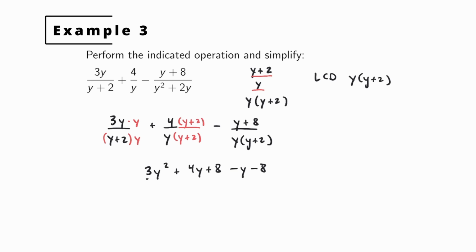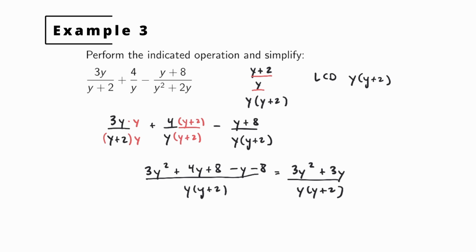And that will be all over the LCD, which was y times y plus 2. We combine in the numerator, and we have 3y squared. We have 4y minus y is 3y. And we have 8 minus 8, which is 0. So we have 3y squared plus 3y over y times y plus 2.